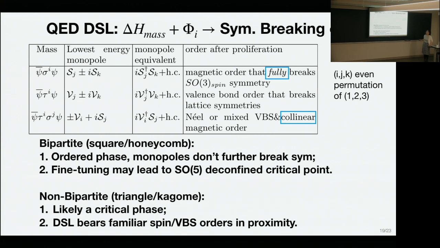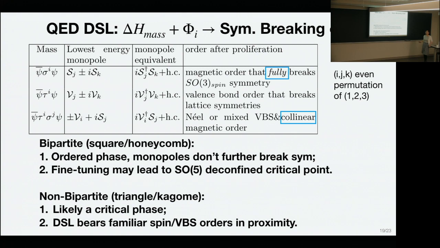While the valley triplet mass will generate a valence bond order that preserves the SO3 spin but breaks the lattice symmetries. And there is a dichotomy between bipartite and non-bipartite lattices. Namely, for bipartite lattices, this QED3 actually flows to an ordered state.